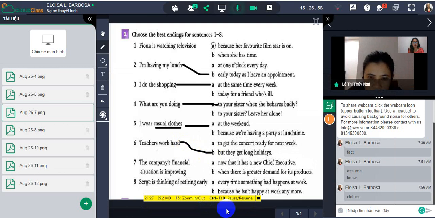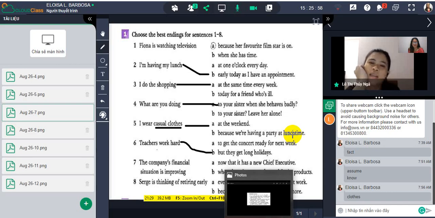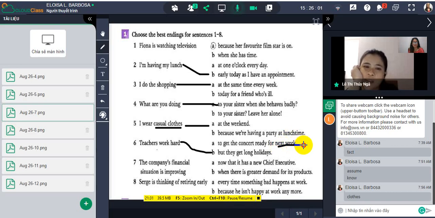But they get long holidays. Next, this one, next week. That is future.